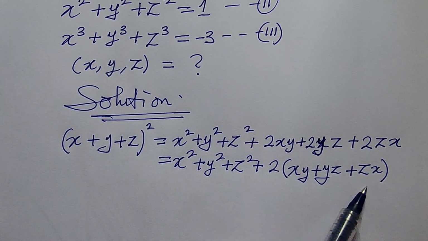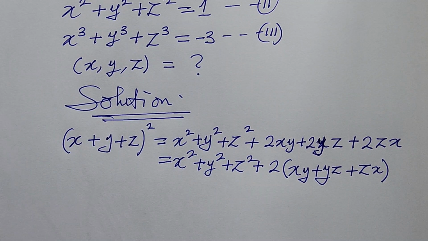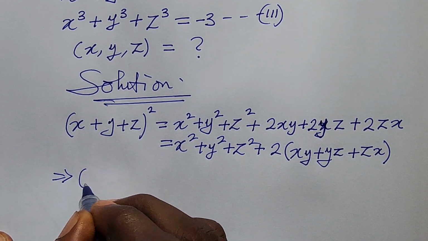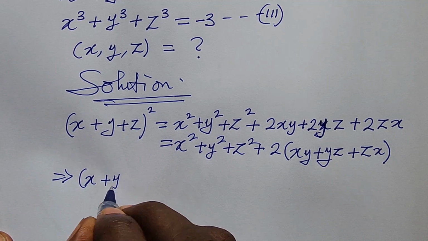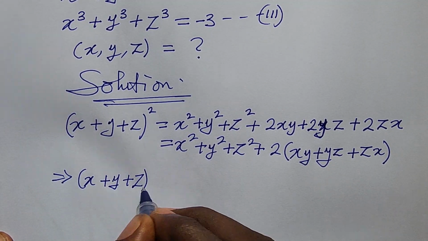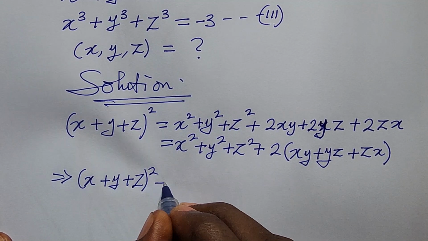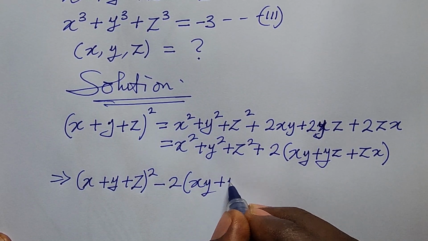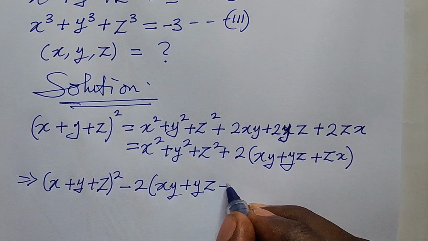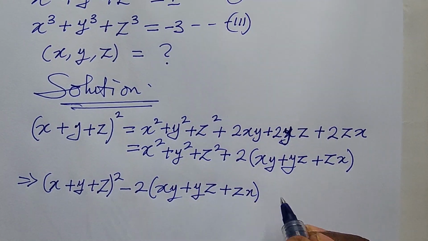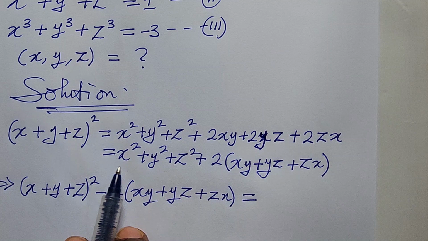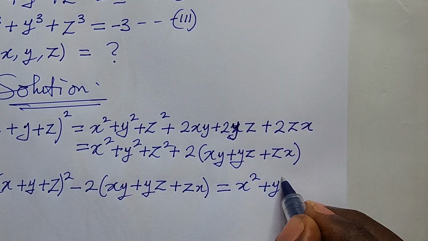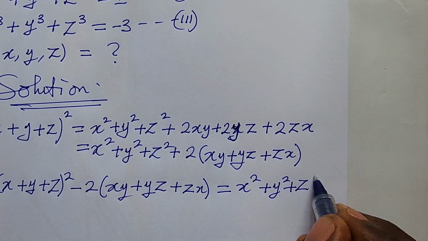Yes. So we can move the whole of this to this side of the equation, right? So this now implies that our (x plus y plus z) squared, this will turn to minus 2(xy plus yz plus zx), equal to, we are left with this, which is our x squared plus y squared plus z squared.